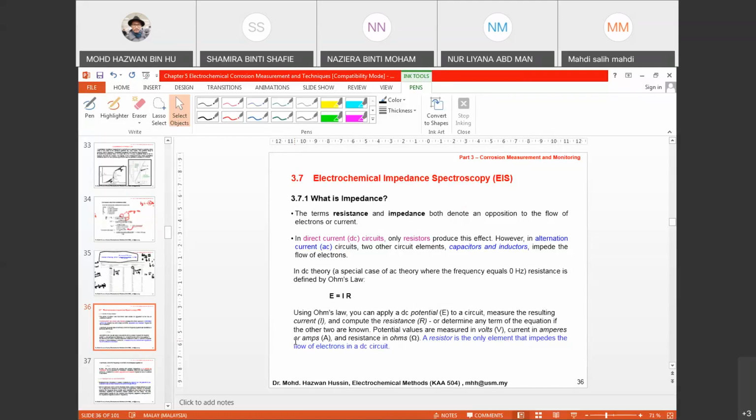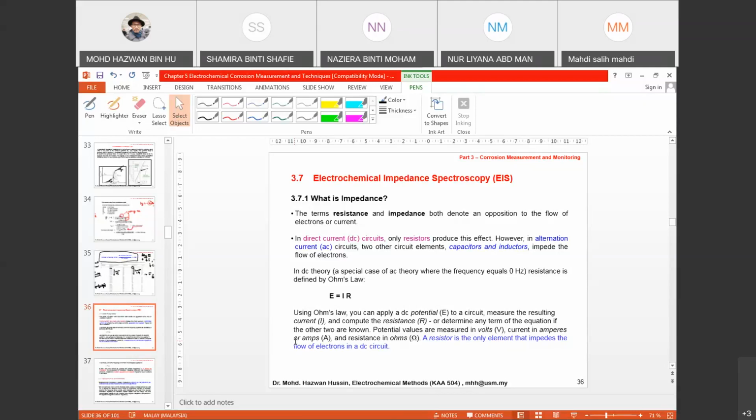The method that we can use to measure corrosion is electrochemical impedance spectroscopy, EIS. This method is known to be a complicated process, very hard to understand. But it is very unique as compared to the other processes that we have learned: weight loss, potential dynamic polarization, and linear polarization resistance.